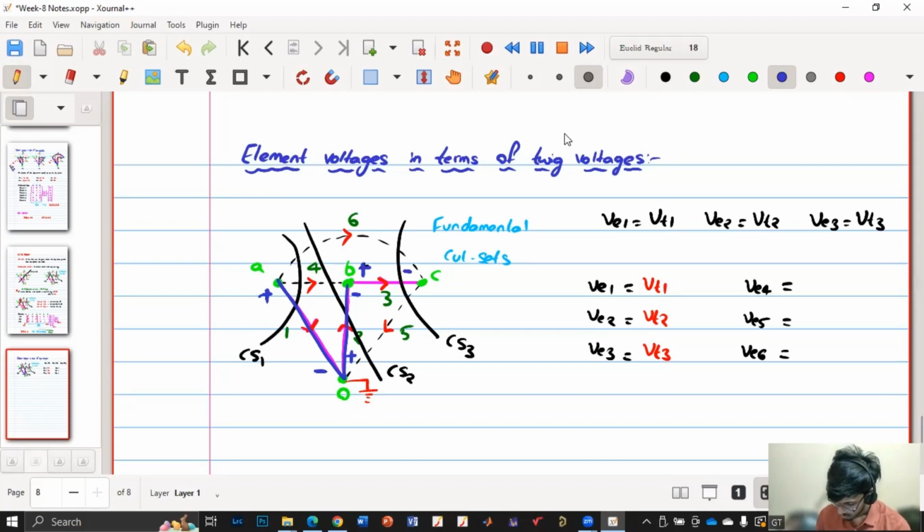So our VE4 is VT1 plus VT2. Now what is my VE5? For VE5, I need this plus and this minus. So I will go in this direction and then in this direction. Initially there is a decrement in the potential, then again a decrement in the potential. So it will be minus VT2 minus VT3. Do you agree?